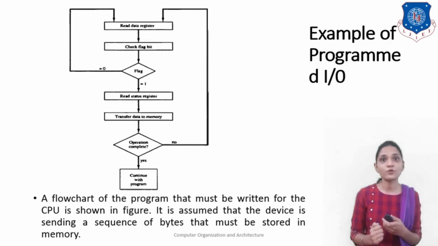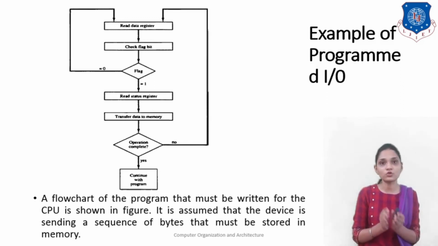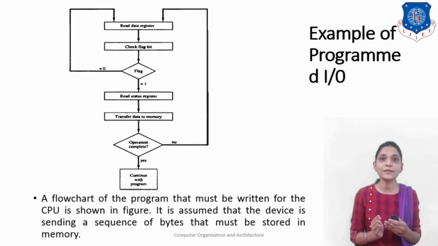It starts by reading the status register and checking the flag bit. If the flag bit is 1, that means the status flag is set, then it reads the data from the data register and transfers this data into memory, and checks whether the task is completed. If it is completed, the CPU can continue with the next task. But if it is not completed, it will check the register again.